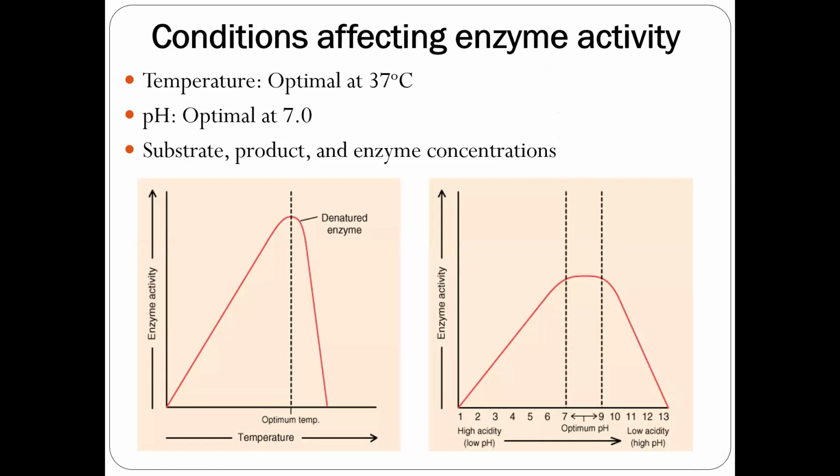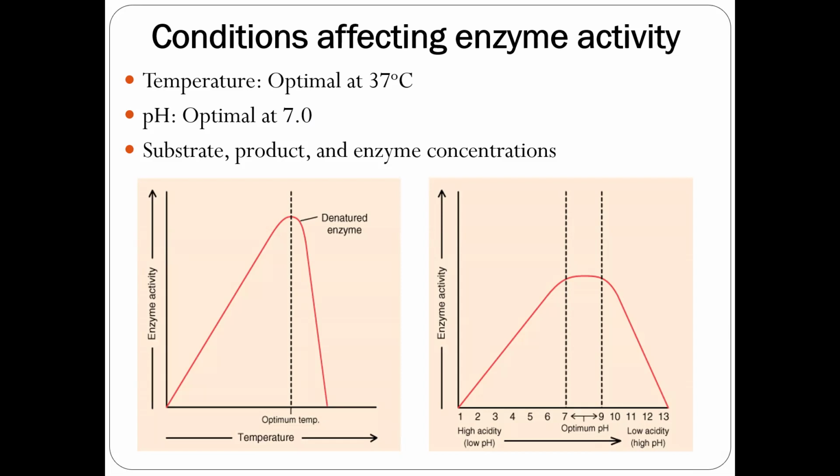Now, what conditions will affect enzymes? That's very simple. Number one, temperature. Do you remember most of the bacteria we grow at 37 degrees Celsius? Same as human beings, your normal temperature is 36, 37 degrees Celsius, because at that temperature enzyme activity is most proficient and most active. When you have a fever, you're not going to eat too much, you're not going to have a good appetite, because the metabolic enzymes are affected by the temperature.